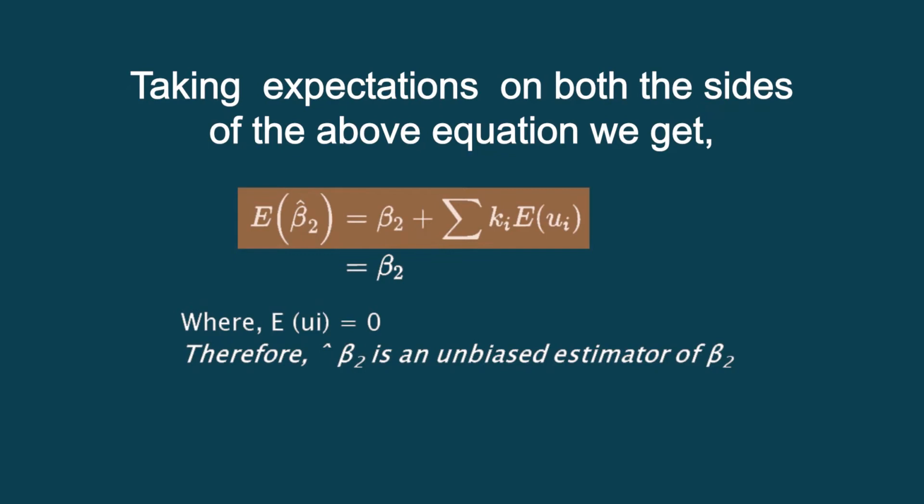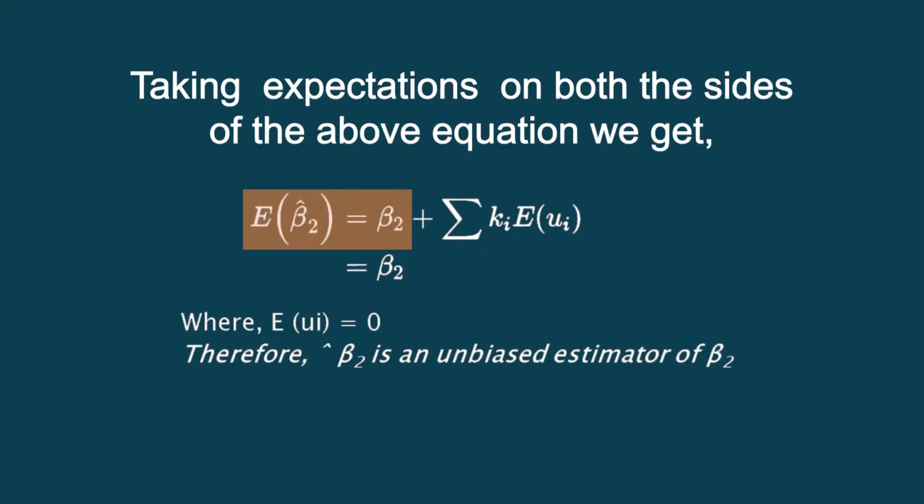So when we go for taking the expectation on both the sides, why do we want to take the expectation? Because this happens to be a random variable and we want to take the mean. So we want to take the mean of the slope coefficients, and after taking the mean we end up with expectation of beta 2 hat, which is basically beta 2, the true representative of the population parameter.